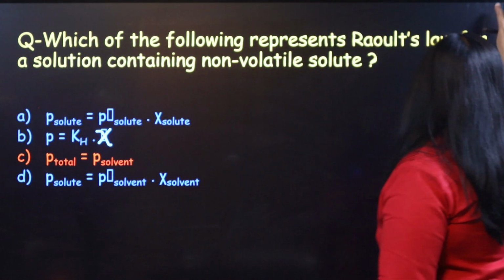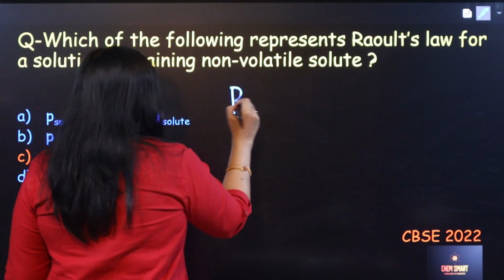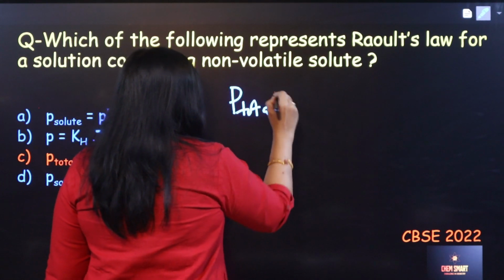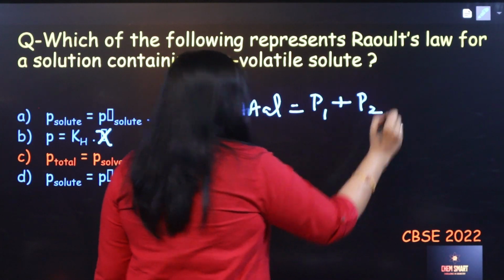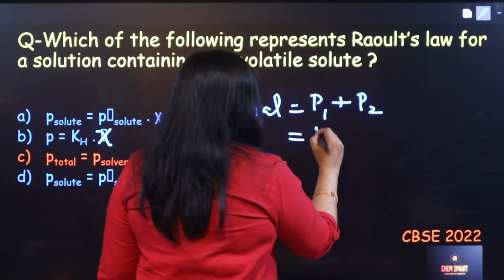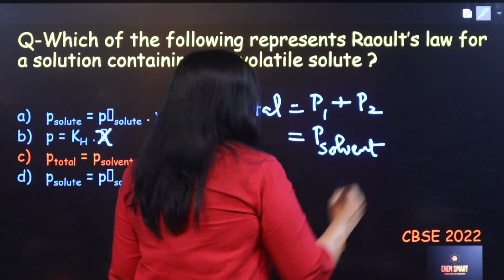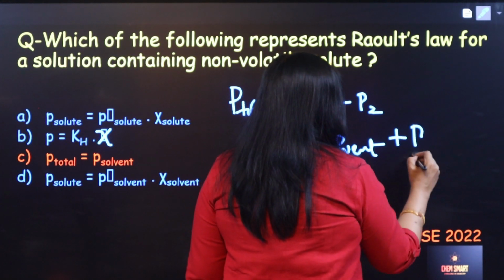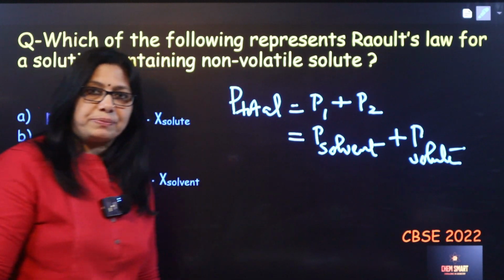And you know P total is equal to P1 plus P2, right? Suppose component 1 is the solvent and component 2 is the solute. This is the situation.